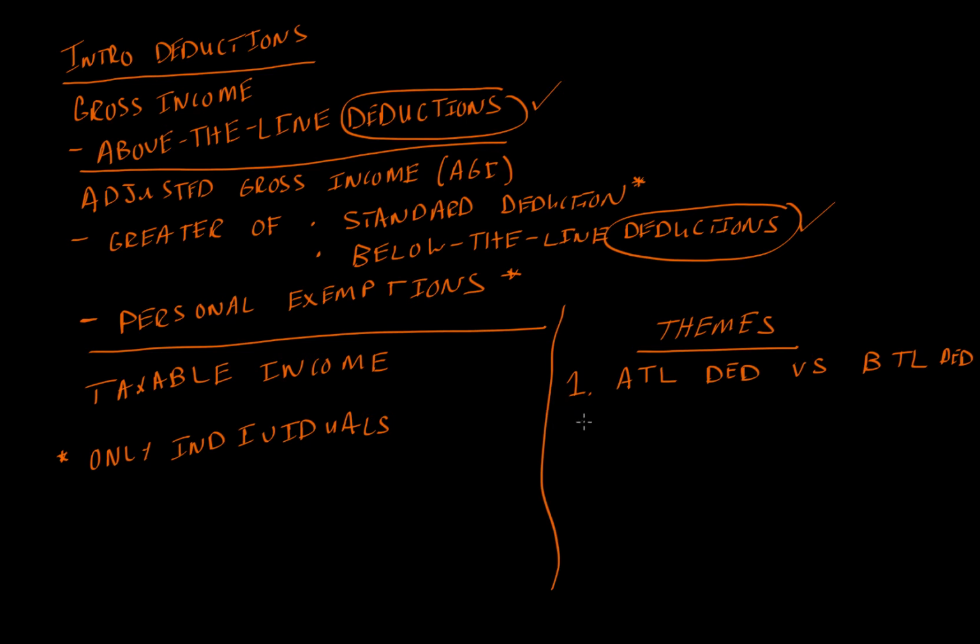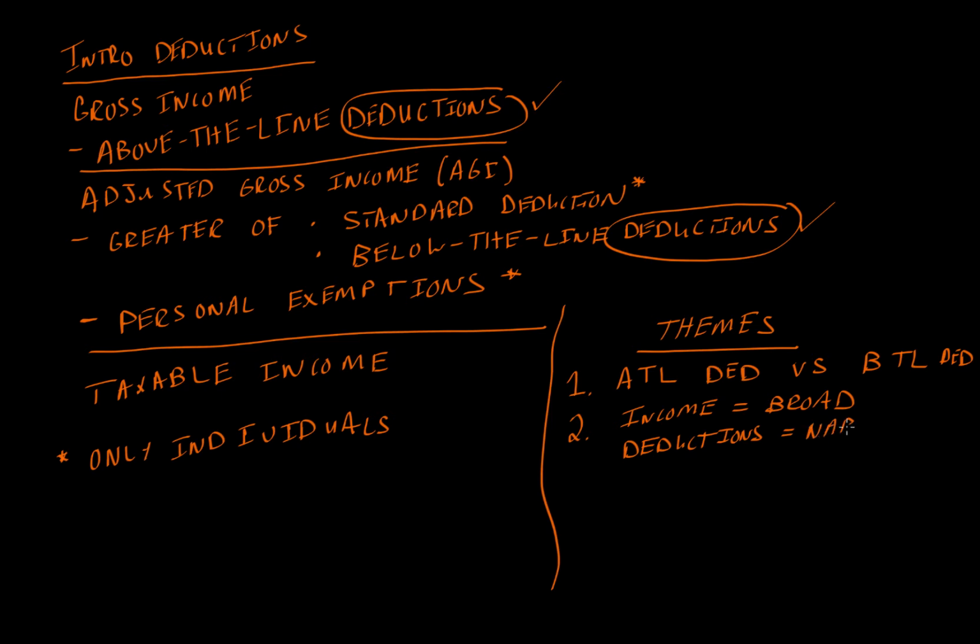The next theme I want to talk about is the idea that income is generally viewed as broad, but deductions are viewed as narrow. And this actually comes from an early Supreme Court case. This has been a tax common law, a tax jurisprudence principle that has been around for a long time.